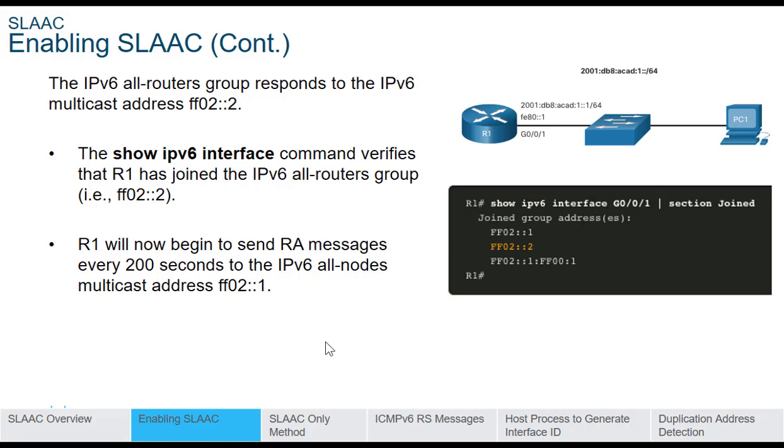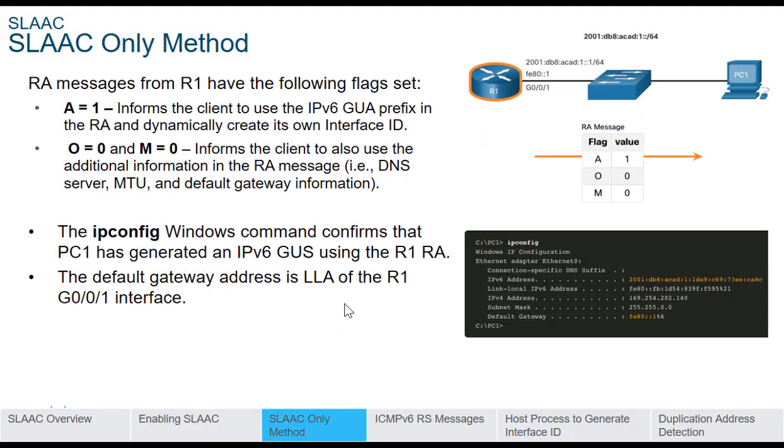Let's have a look at the SLAAC only method. Okay, what happens here? With the SLAAC only method, I think by now we've seen so far that we can configure a router for the SLAAC only method by manually configuring a global unicast address and a link local address.